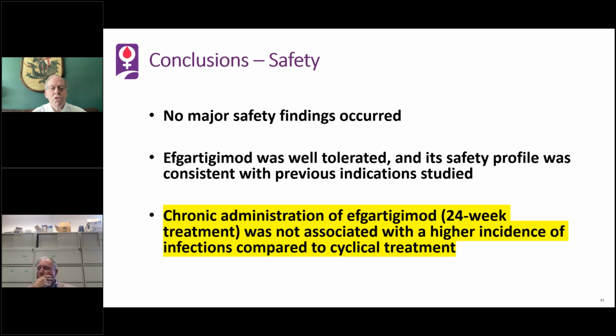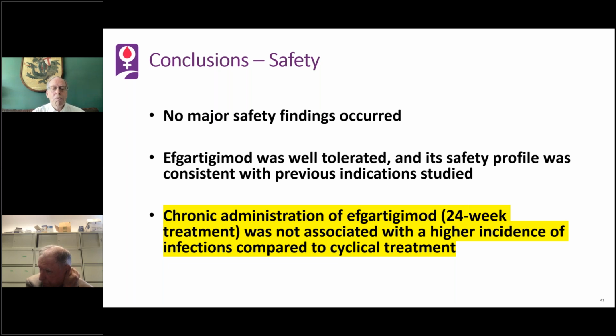Importantly, in this, as you see in yellow, and all the other studies that have been carried out, there has not been a finding of a higher incidence of infections, despite the IgG levels reaching levels that would normally, if they were a common variable immunodeficiency patient, get substitution with IVIG or sub-Q IG 4 weekly to prevent infections.